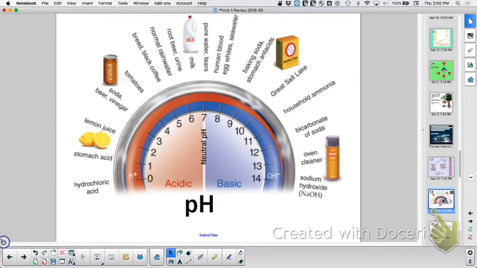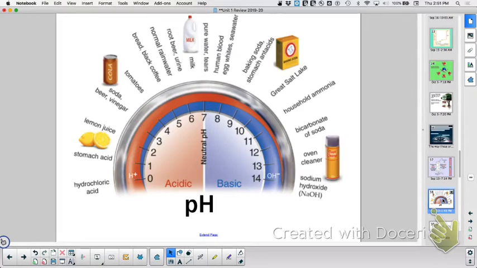And if I have a lot of hydrogen ions, then I have very few hydroxide ions. As I move to a weak acid and then neutral, at neutral, I'll have the same amount of hydrogen ions and hydroxide ions. As I move from a weak base to a base, my numbers are getting even bigger. I have fewer hydrogen ions, more hydroxide ions.